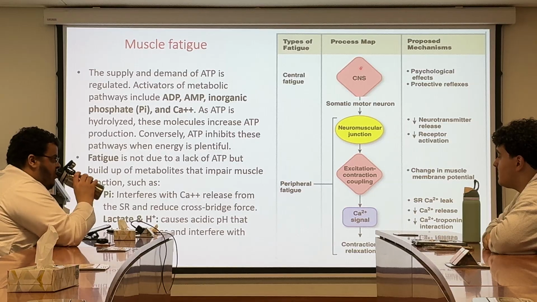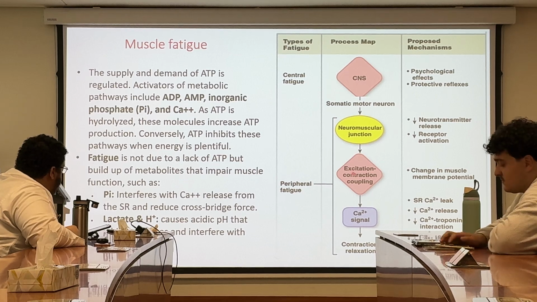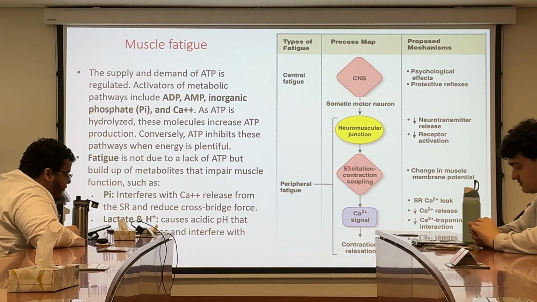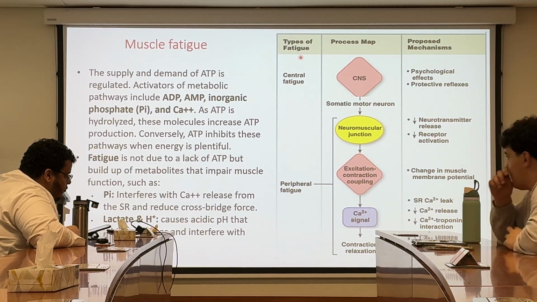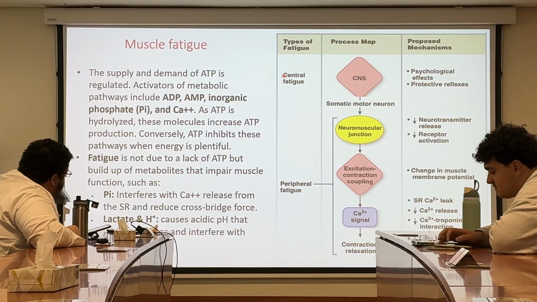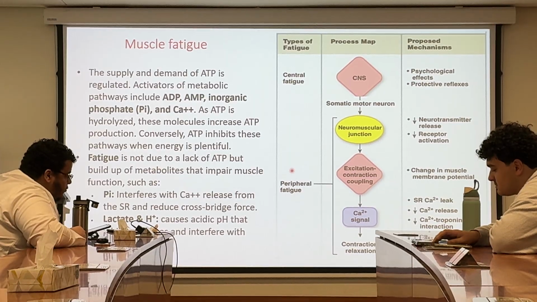Okay? And this kind of flow chart shows you a central nervous part of it, and then you have a peripheral part of it. Peripheral meaning outside of the spinal cord, because the central nervous system is the brain and the spinal cord. And on the left-hand side, it says types of getting tired or fatigue. So obviously, the central nervous system one will be central fatigue, and the other one, needless to say, will be peripheral fatigue.